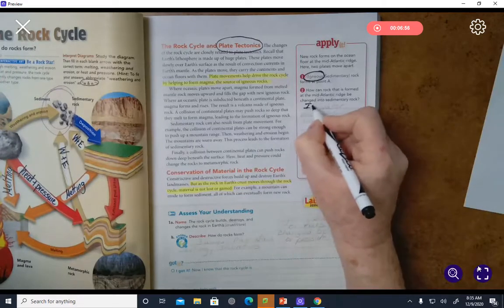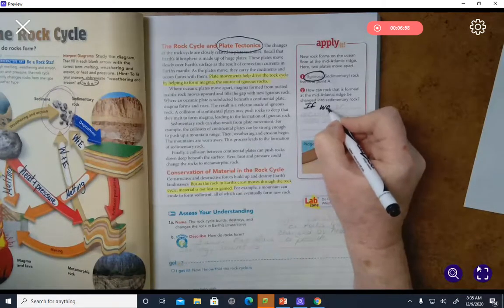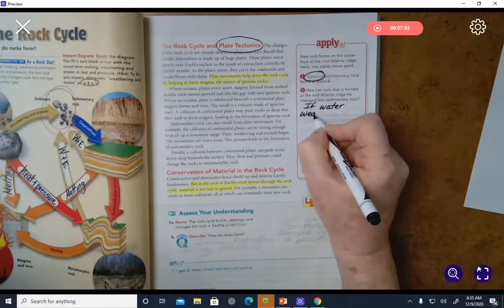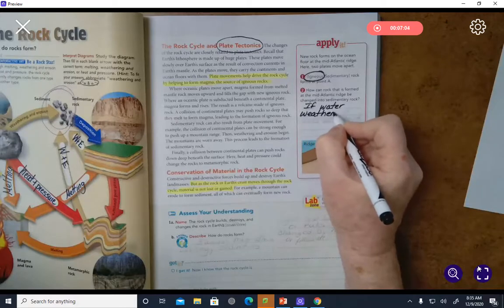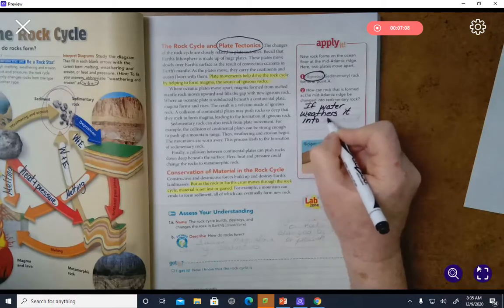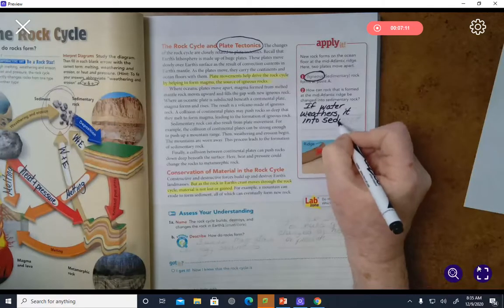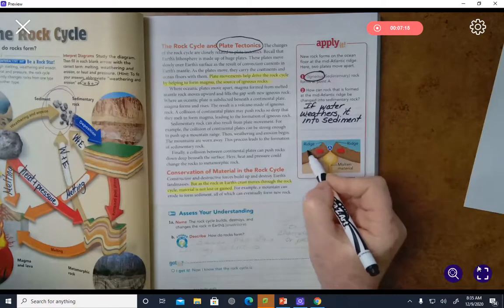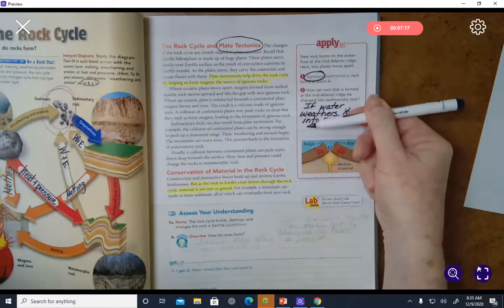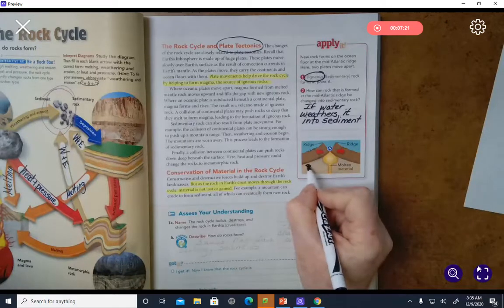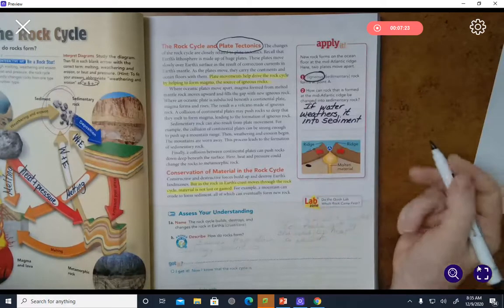So if water weathers it into sediment, it would then eventually fall here, get layered upon layered upon layered, maybe end up in here somewhere, and it would be a sedimentary rock.